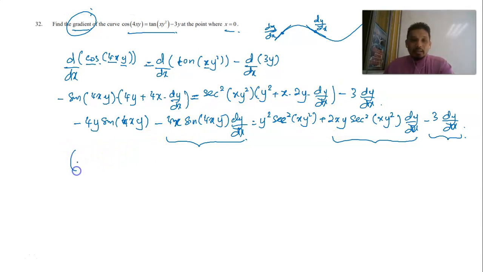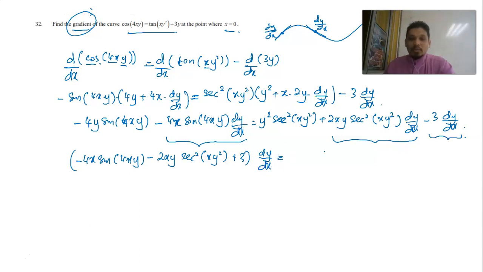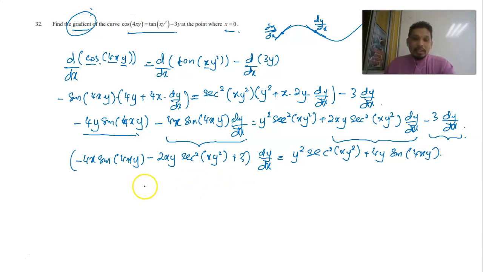So negative 4x sine 4xy, minus 2xy secant square xy squared, and plus 3, factorize all together, multiplied with dy/dx, equals, bringing this to the other side, y squared secant square xy squared plus 4y sine 4xy.